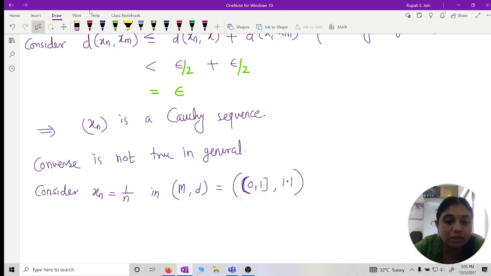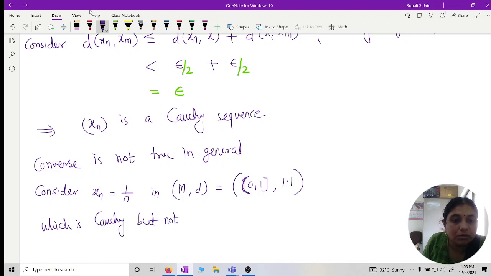So this is not a convergent sequence; this is Cauchy but not convergent, as 0 does not belong to this metric space. Okay, you can easily prove this by using the Archimedean property. In the real line we have already proved this is a Cauchy sequence, right?